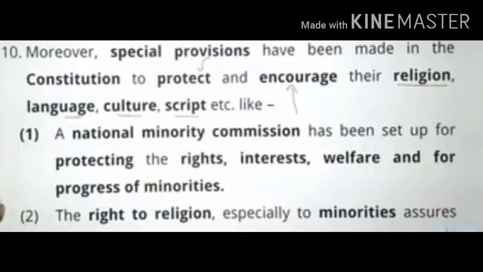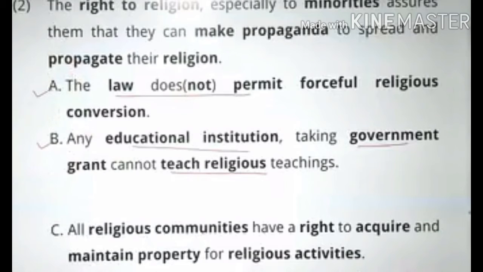The right to religion, especially to minorities, assures them that they can make propaganda to spread and propagate their religion. The law does not permit forceful religious conversion. Any educational institution taking government grant cannot teach religious teachings.